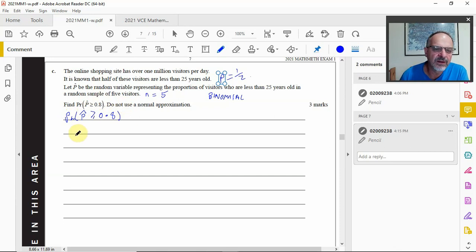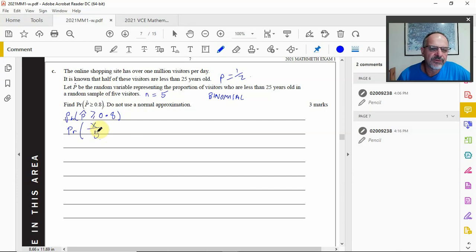You've got to remember that proportion is the number that we've got over our sample size, n. And in this case, our sample size is 5. So it's the number we've got over 5, and that's got to be greater than or equal to 0.8.